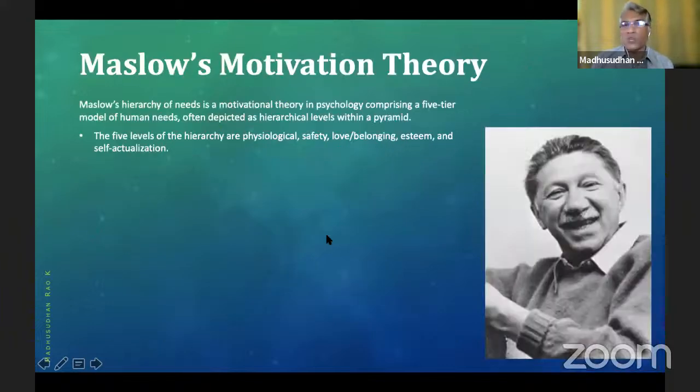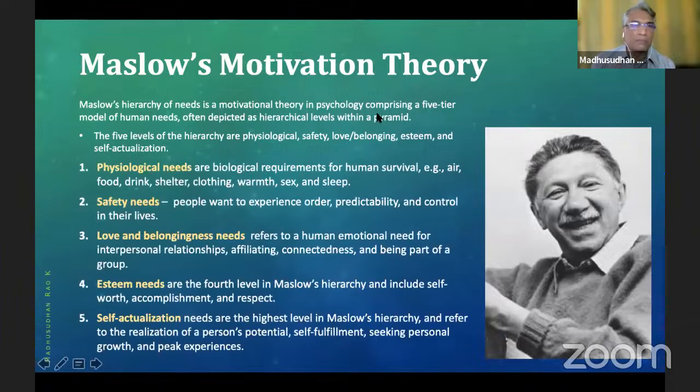Maslow's hierarchy is very, very famous. There are chances you'll get this in the exam. I've represented it in a diagram. Everybody says physiological, safety, love and belongingness, esteem, self-actualization. Self-actualization is the highest level of Maslow's hierarchy, and refers to realization of the person's potential, self-fulfillment, seeking personal growth or peak experience.